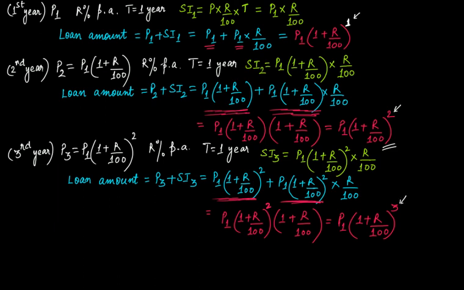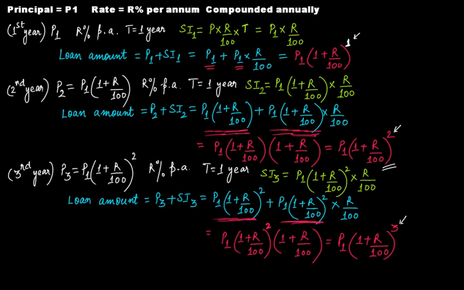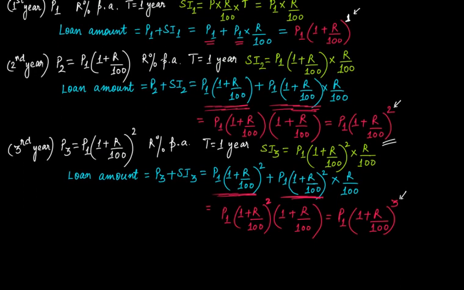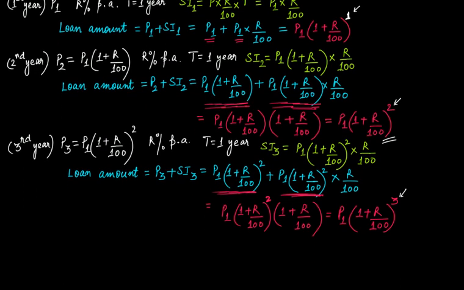It means that for this principal P1, rate R% per annum, when the interest is compounded annually, if someone asks what will be the final total amount at the end of the nth year, where n can be any integer value, it can be 2 years, 10 years, 11 years, is there any formula?